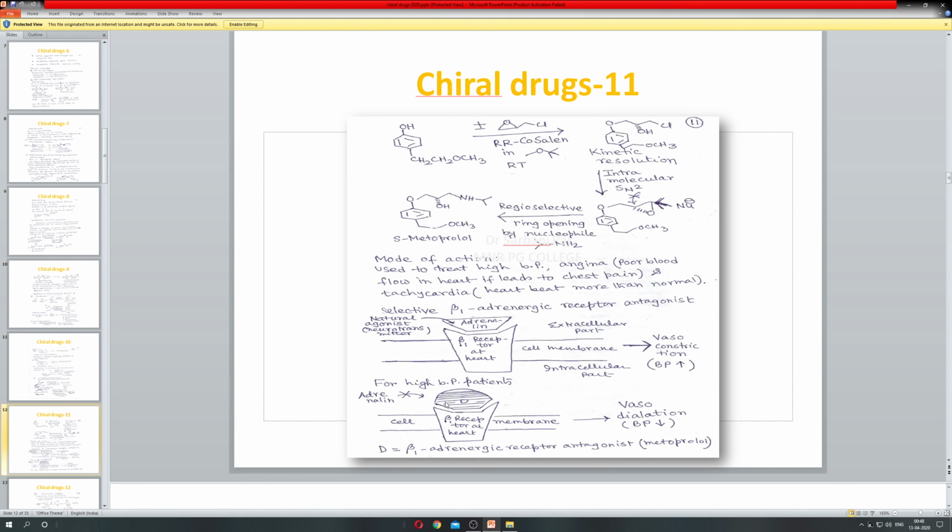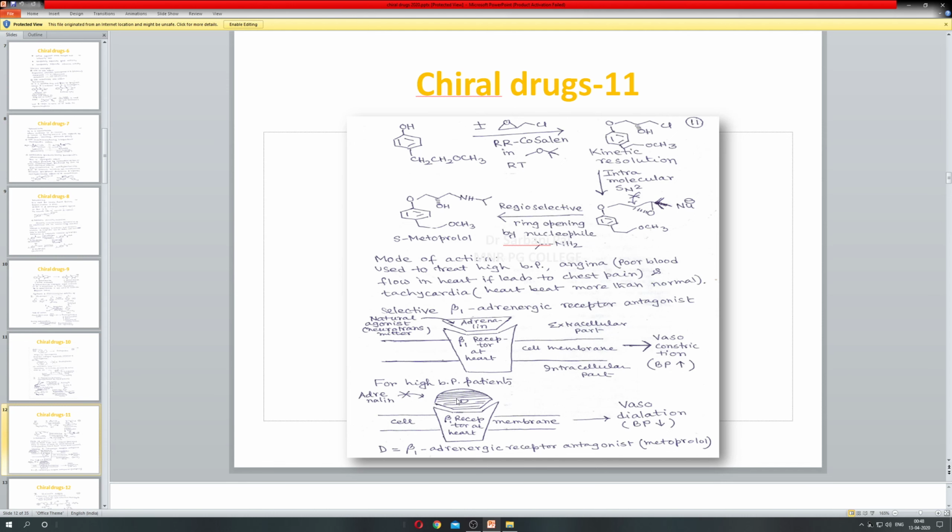Now see this picture. Here also you have the beta receptor present in the heart, that is beta 1, but now this binding site is occupied by metoprolol, meaning S-metoprolol, which is the eutomer.